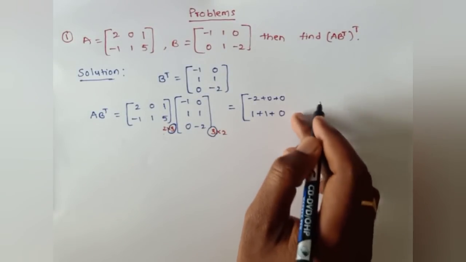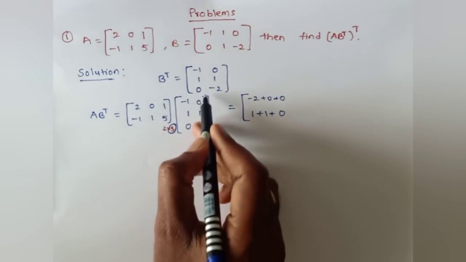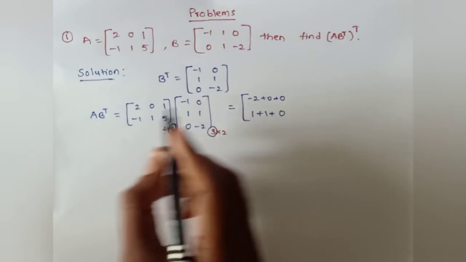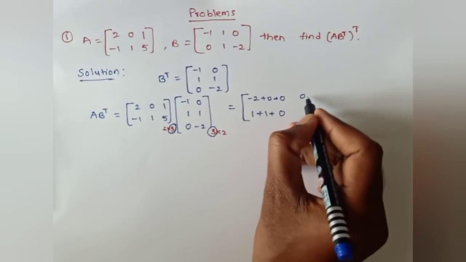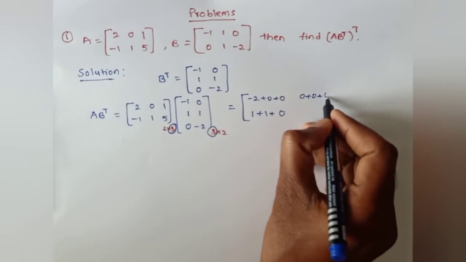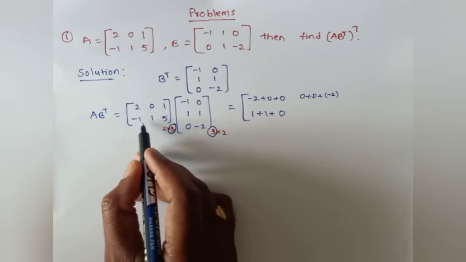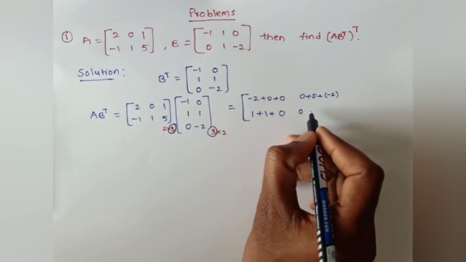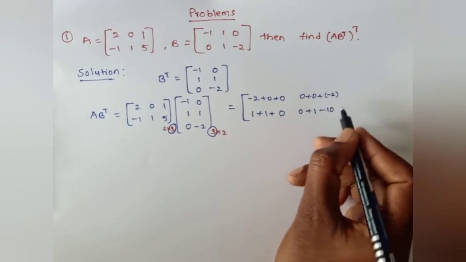Next, to get the next column, multiply these two rows with this column, that is 2 into 0, 0, 0 into 1, 0, plus 1 into minus 2, minus 2. Next this row with this column: minus 1 into 0, 0, plus 1 into 1, 1, minus 10.